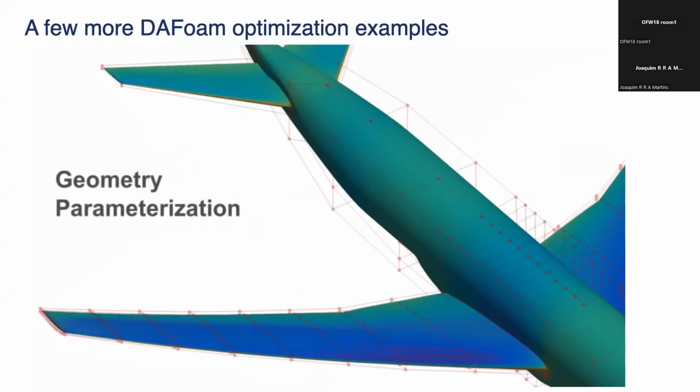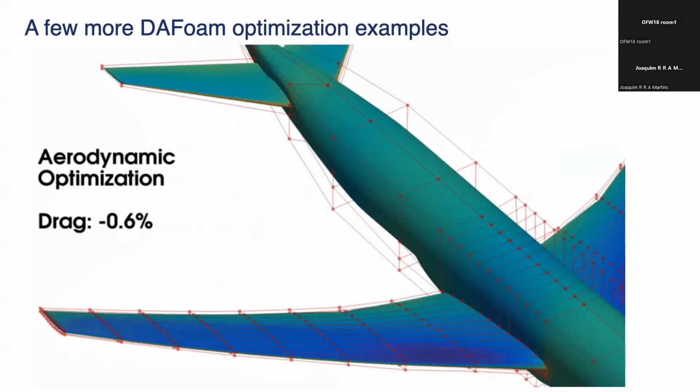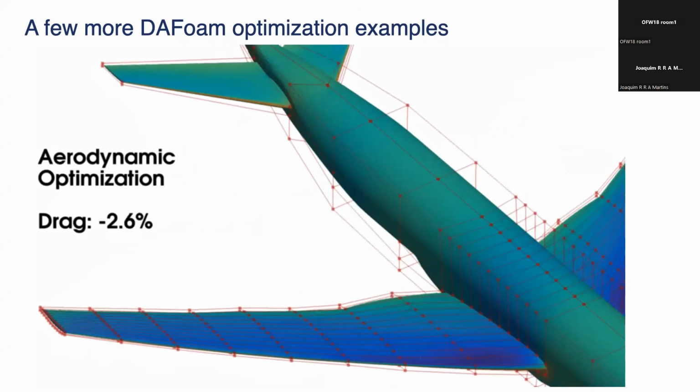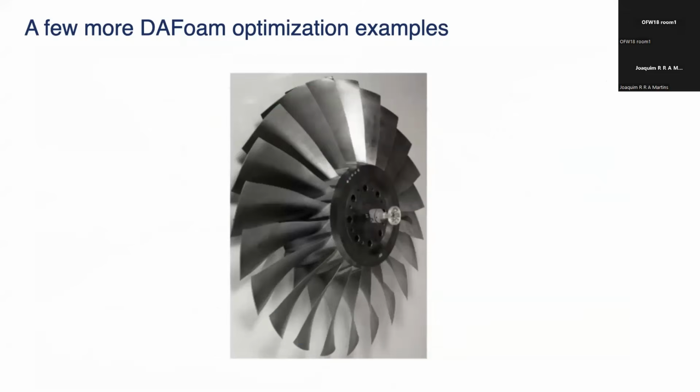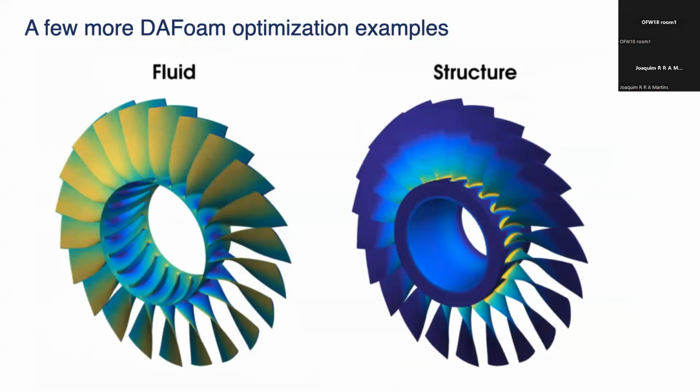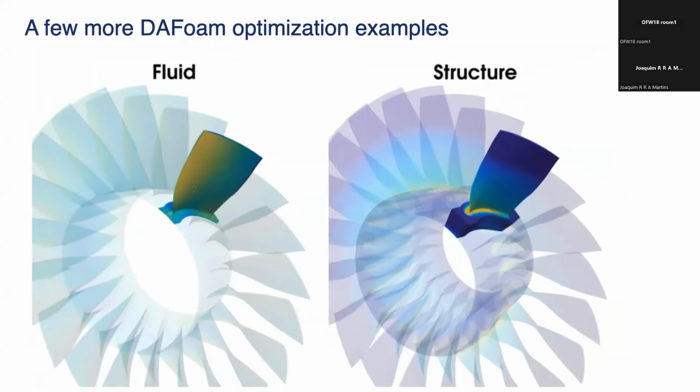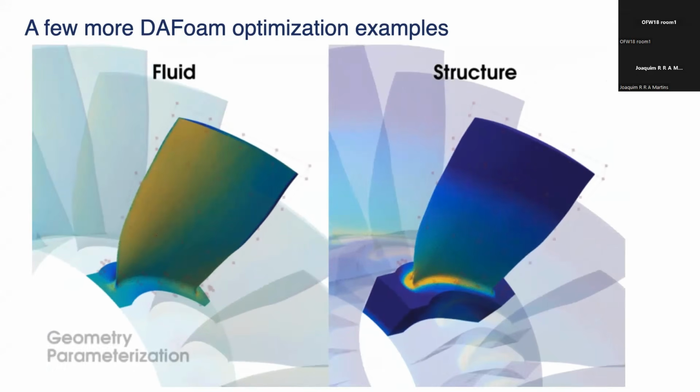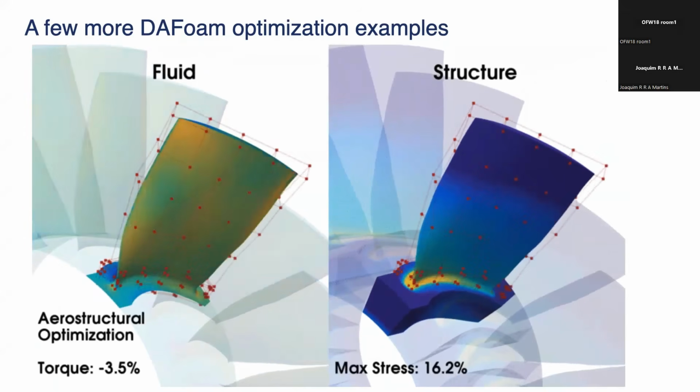The credit for all these goes to Professor Pinhead from Iowa State University. So we're taking the same common research model, doing a drag reduction there. Also the turbine problems that I showed, both fluid and structure, in this case separate.